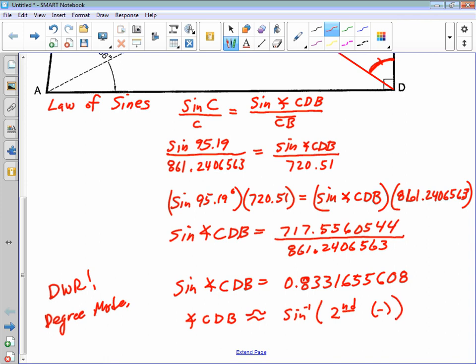And it will take this ugly decimal here and put it right in there. Take the inverse sine of that. And when you do, you'll get a much friendlier answer. You'll get angle CDB is approximately equal to 56.42530426.